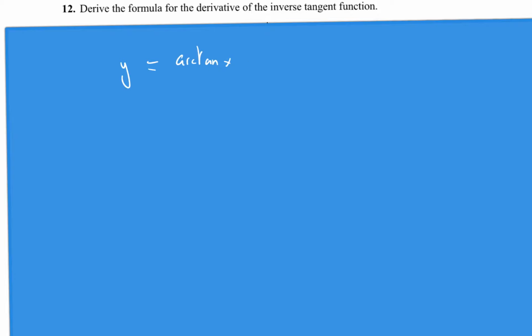And this problem I have done in the previous problems, so you know how to do it. You make tangent of y equal tangent of arctangent of x, so it will be x. You take the derivative, etc., and I have done it before, so I'm going to bed.